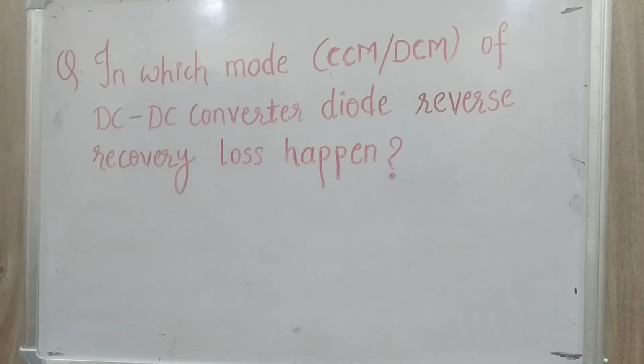Then we will characterize and do some power loss calculation for the reverse recovery loss phenomenon, and then we will analyze one DC-DC converter example, let's say buck, and we will analyze CCM and DCM mode, and then we will see why it happens and in which mode it happens. Okay, so let's go. We'll start.